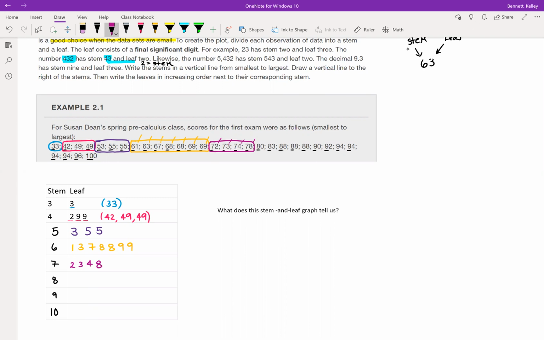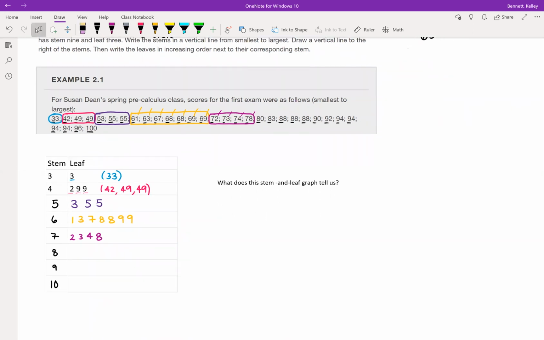And in fact, from the stem and leaf, we can already see that the 60s has more data in that range than does the 70s, right? So it's already giving this idea of distribution a little bit. All right, so we need to move on to the 80s. Again, we're going to get 0, 3, 8, 8, 8.